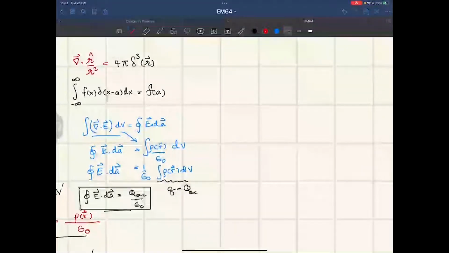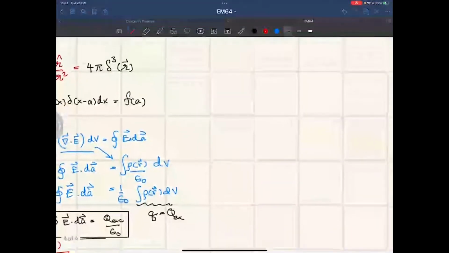Okay, last time we tried to find the electric field from a surface charge, right? Remember, it was just yesterday.